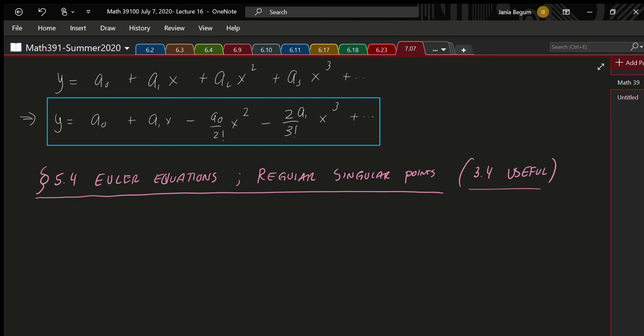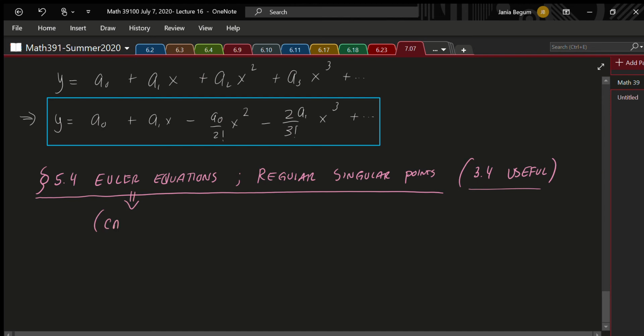So let's look at another type of equation. Now these equations are very special because they have a name. We call them Euler equations. Some textbooks call them Cauchy-Euler equations.